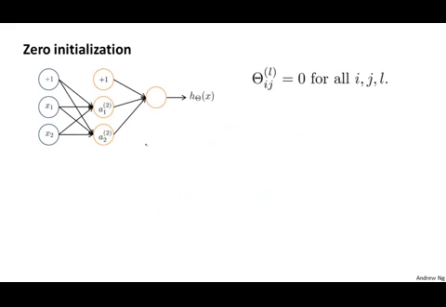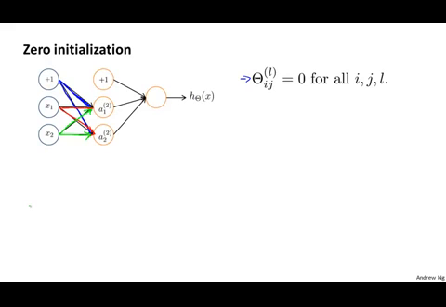Consider training the following neural network, and let's say we initialize all the parameters in the network to 0. If you do that, then what that means is that at the initialization, this blue weight, I'm coloring in blue, is going to equal that weight, so they're both 0, and this weight that I'm coloring in red is equal to that weight, which I'm coloring in red, and also this weight, which I'm coloring in green, is going to equal the value of that weight.